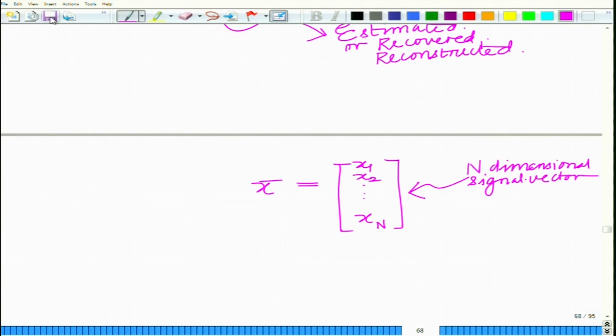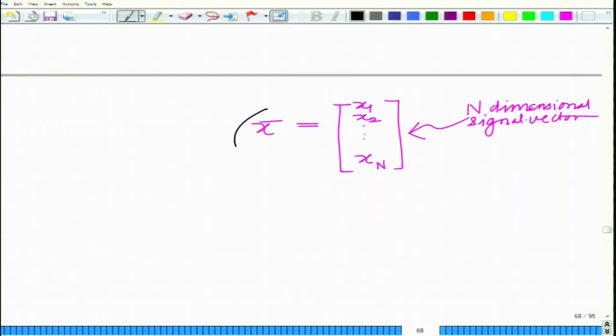And how do we estimate this n dimensional signal vector? Naturally, we have to make some measurements. So we make measurements for this unknown signal vector x bar in order to estimate it. So that is basically we are sensing this signal vector. That is part of this compressive sensing.